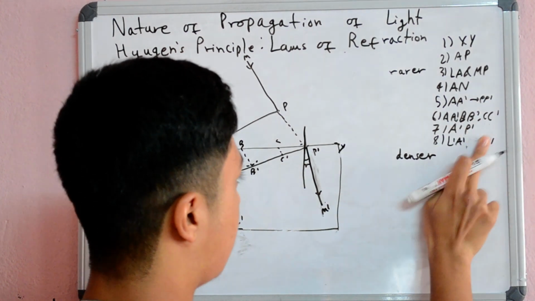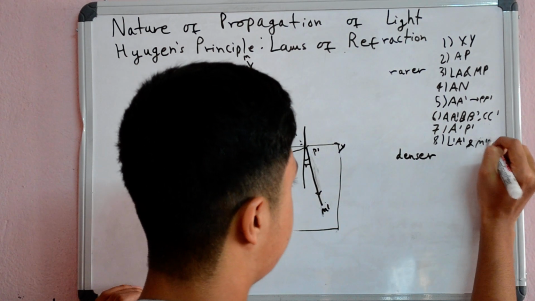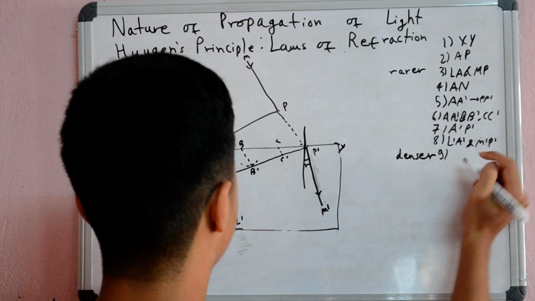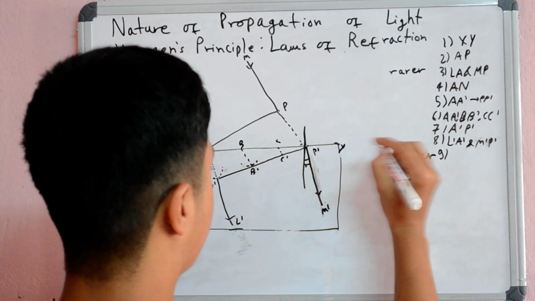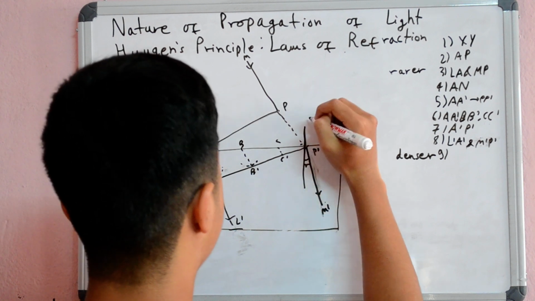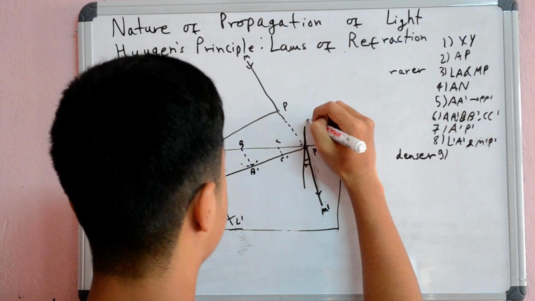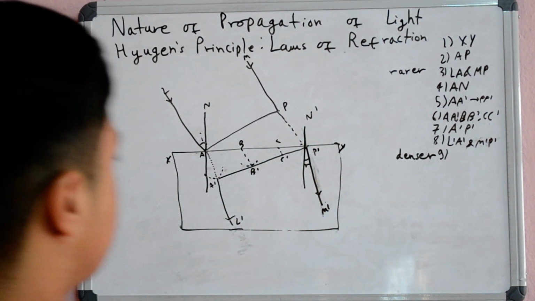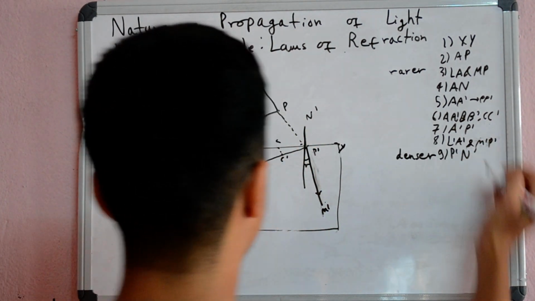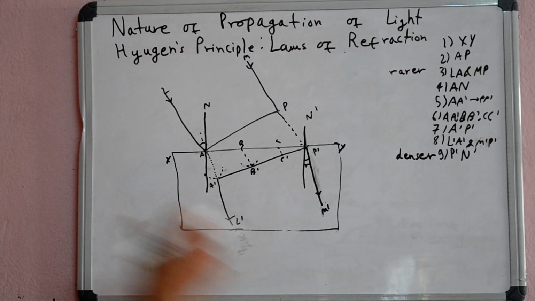I'll make it similar like that, M dash, P dash. Ninth step we drew the normal, which let's say P dash, and let's just say N dash, right? So P dash, N dash, and that is our 9 steps to drawing the figure.